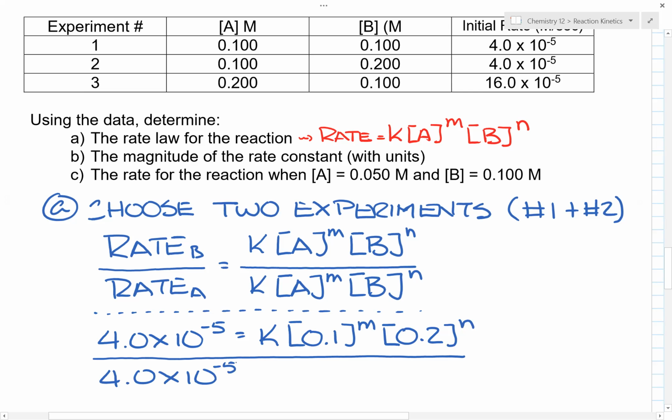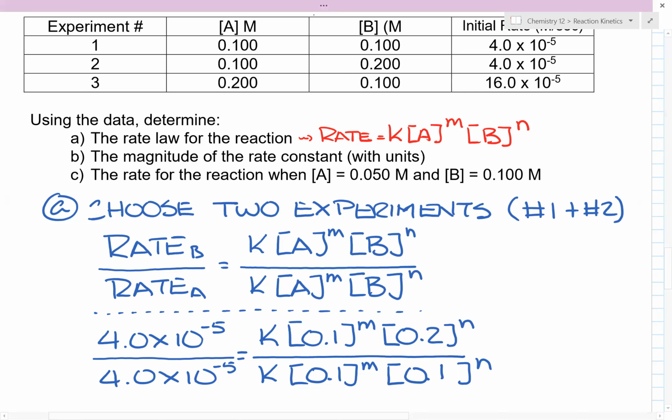Well, let me erase this here. It's equal, K, 0.1 raised to the power of M, 0.2 raised to the power of N.